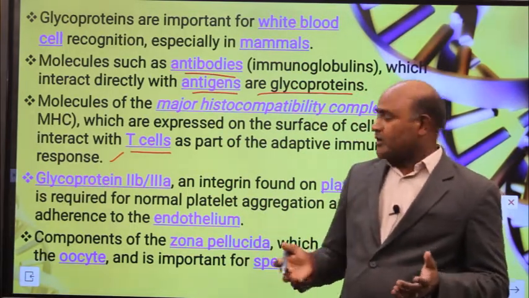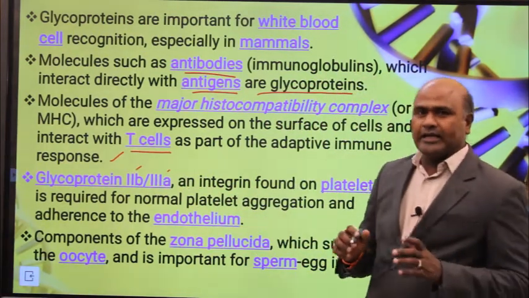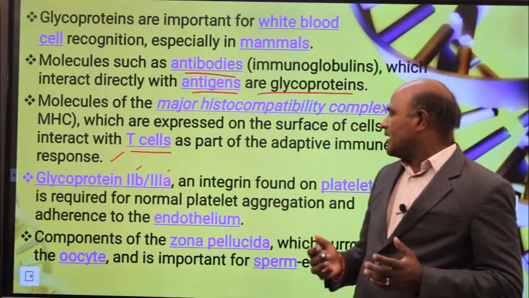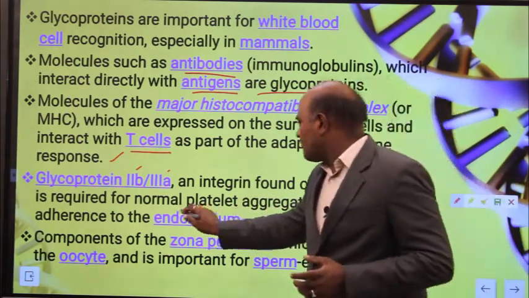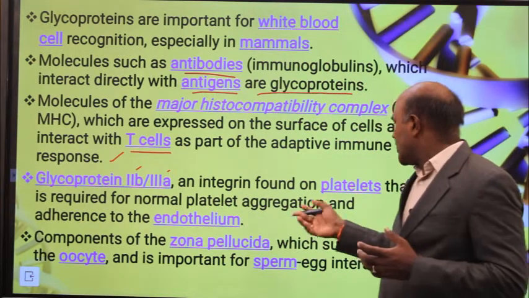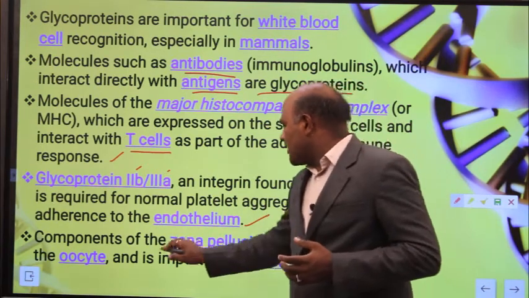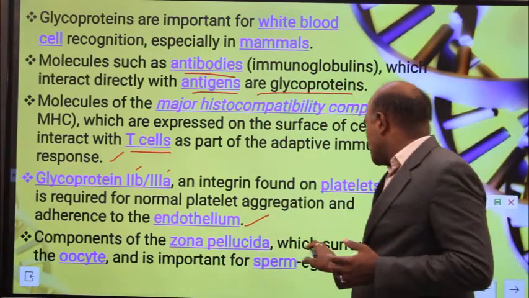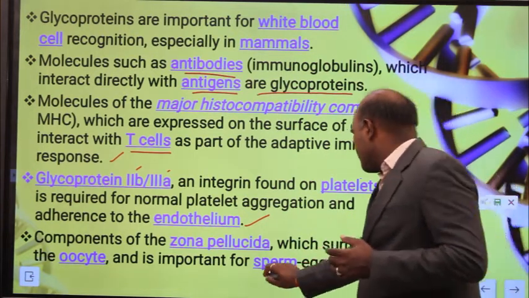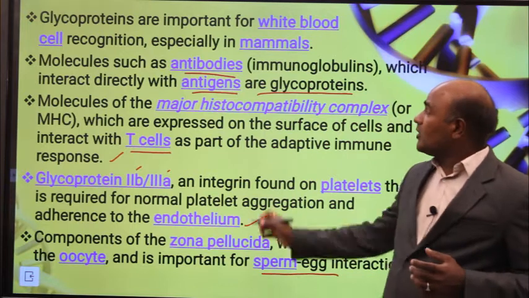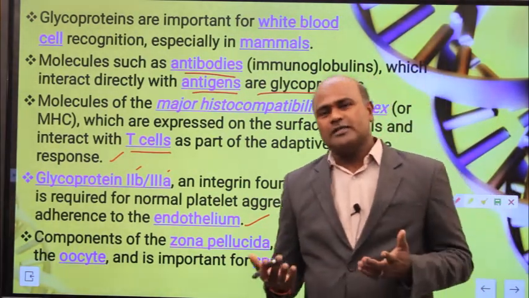Again, glycoproteins IIb and IIIa are integrins found on platelets, required for normal platelet aggregation and adherence to the endothelium. Components of the zona pellucida, which surrounds the egg, are important for sperm-egg interaction. So these are some of the properties of glycoproteins, used for various purposes.